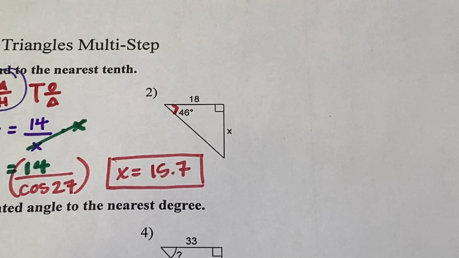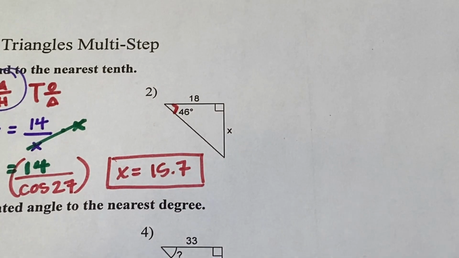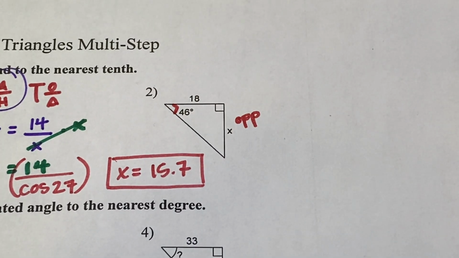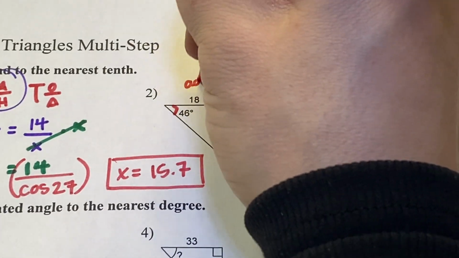Based on where I'm standing, what 2 sides am I working with? Opposite, adjacent, hypotenuse. It doesn't give me the hypotenuse this time. Opposite, it does give me that one. And adjacent, good job.